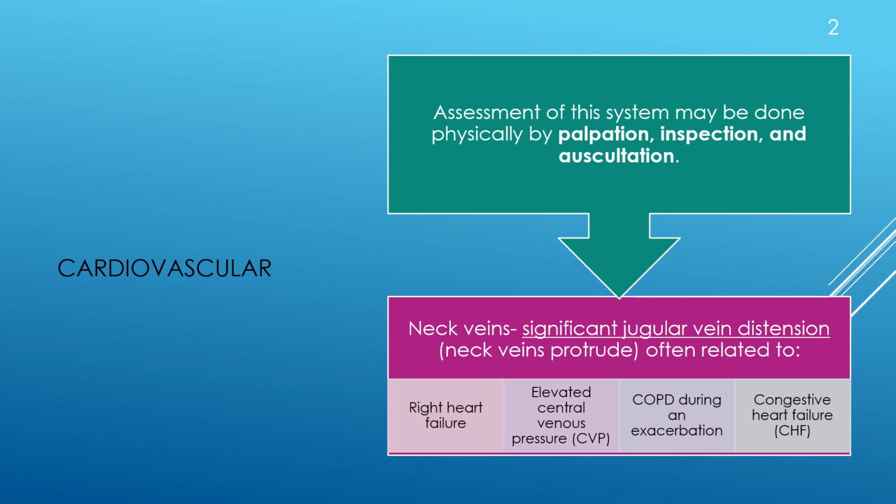One of the key points regarding inspection is you could look at neck veins. If you see significant jugular vein distension, that the neck veins protrude, it's often caused by a variety of things. It could be right heart failure, it could be elevated central venous pressure, it could be COPD, it could also be congestive heart failure.